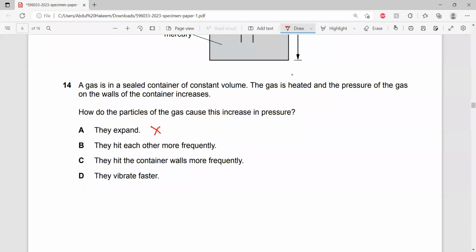No. They hit each other? No. They hit the wall of the container. So definitely this is the answer. They hit the container, they are exerting force, and force divided by area causes pressure. They vibrate? No. The molecules are colliding with the walls of the container, exerting pressure due to change of momentum, and force divided by area causes pressure. So C is the answer.